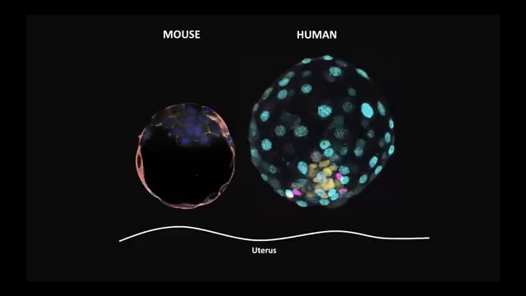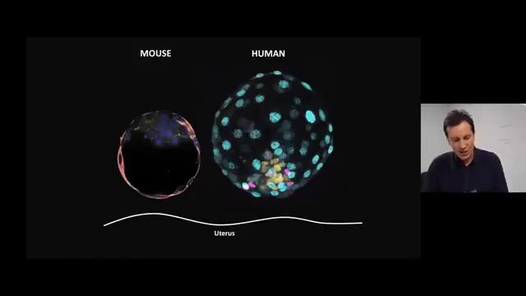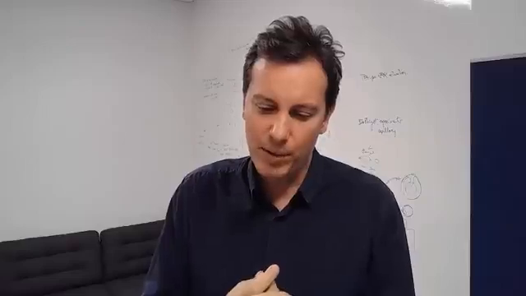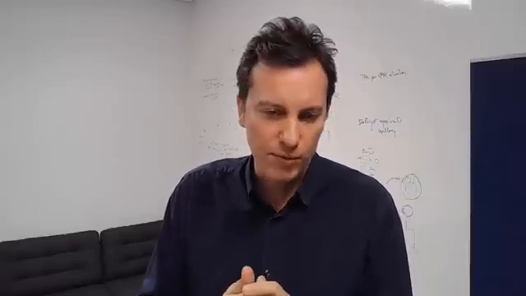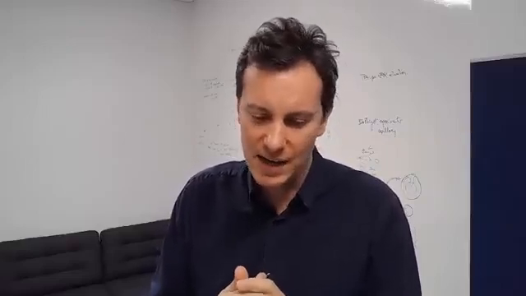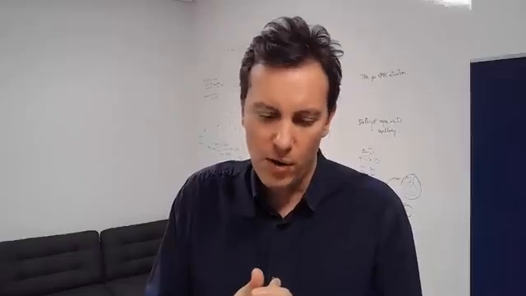And it is tempting to think that this opposite mode of ingression into the uterus had some important repercussions on the early development of those two species. Of note, the first weeks of human embryogenesis are very prone to failure. About 50% of human fertilized eggs fail to form a baby.